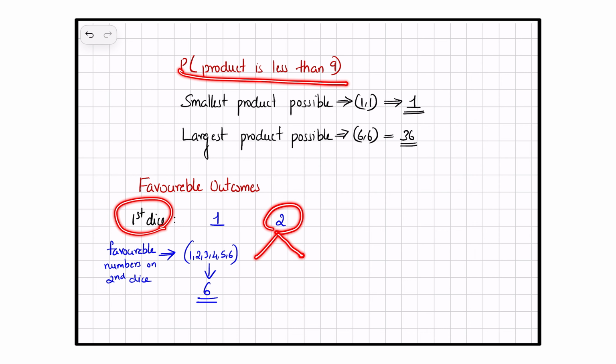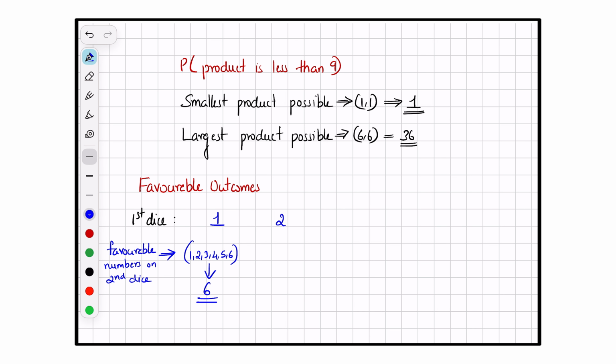What are the possibilities? 2 into 1 is going to be 2, it is less than 9, and 2 into 4 is going to be 8 and it is less than 9, but 2 into 5 we will get 10, which is more than 9. So I can have 1, 2, 3 and 4, right? Only 4 numbers are possible on the second dice. That means 4 possible outcomes.